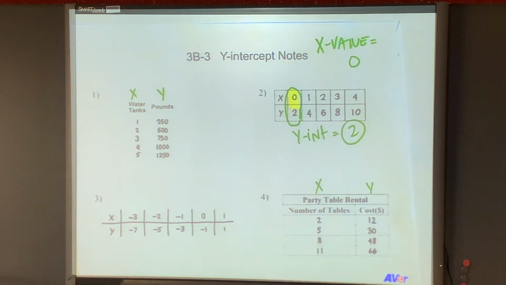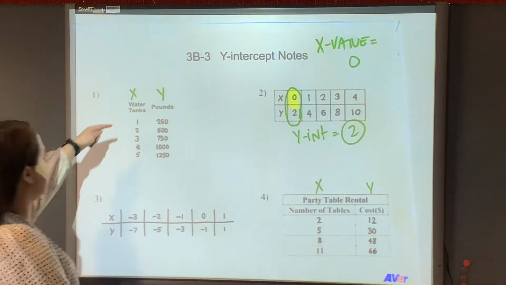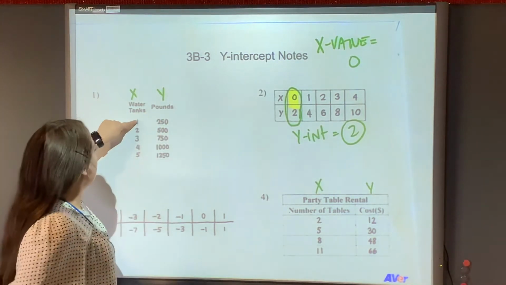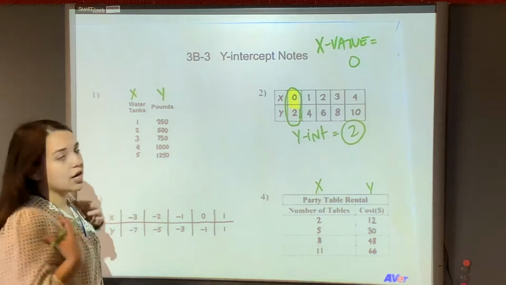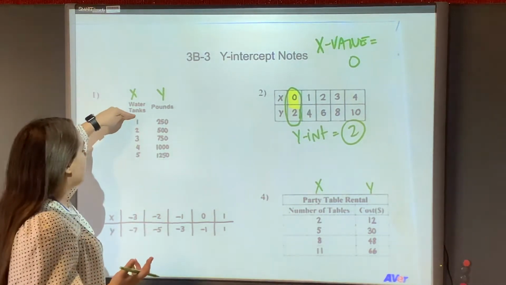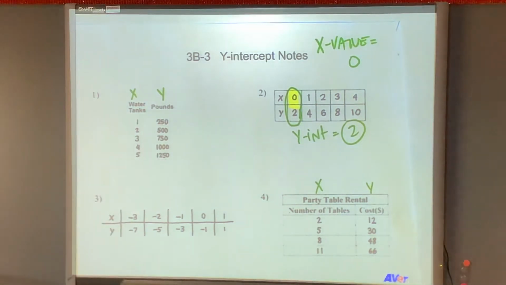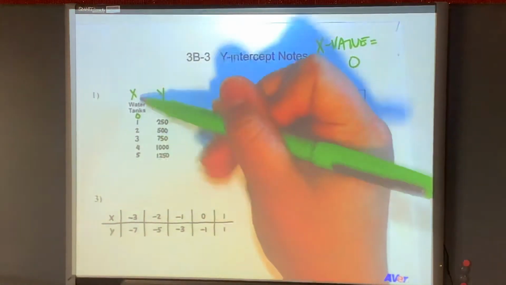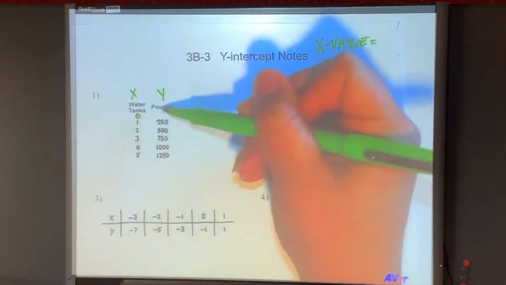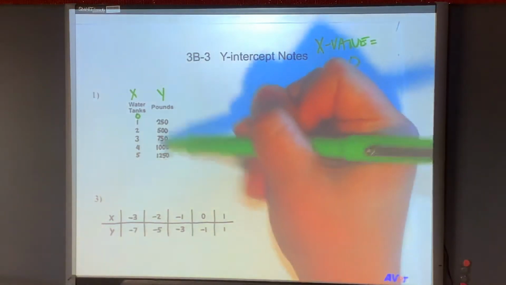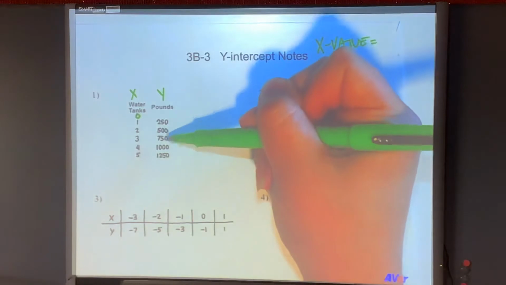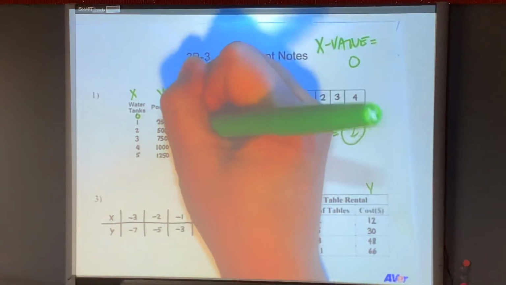All right, what happens whenever you don't have a 0 on the table? You make it. So if this is counting 1, 2, 3, 4, 5, I know pretty easily that right above here should have been 0. And if I continued the pattern on the x side, I would need to do the same thing on the y side. So I kind of see what it's counting by, and it's going to be nice and easy since these are counting up by 1. 250 to 500 is going up 250.